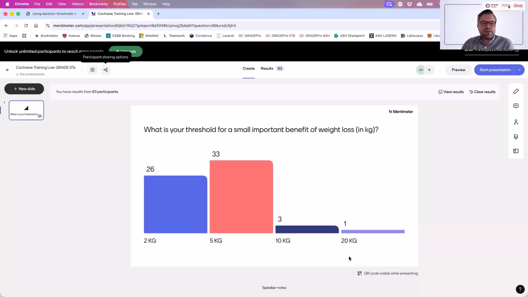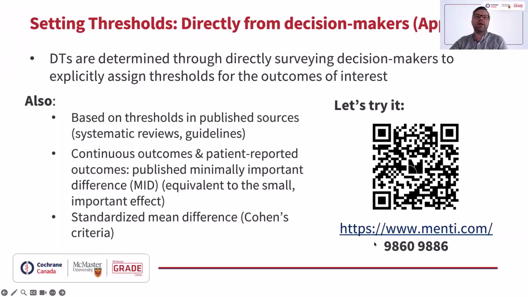Now, for systematic reviewers, we may not often have access or ability to conduct one of these surveys that we may conduct typically as part of guideline development. One of the approaches then could be, for example, setting assumptions.